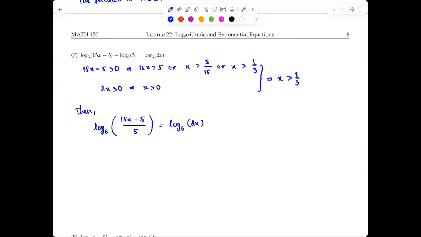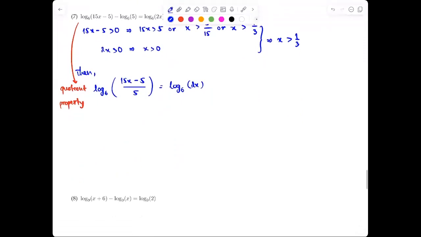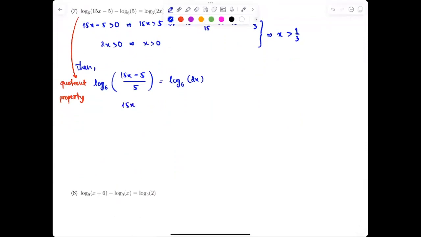And what we did is we use quotient property. Now you have log of base 6 on both sides of the equations. Just get rid of that, and you're left with 15x minus 5 over 5 equal to 2x.